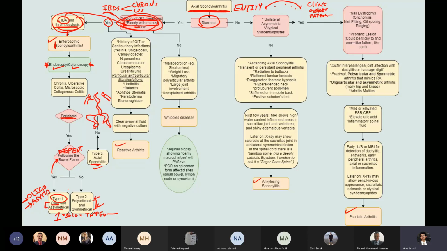The second thing we have in patients coming to you with gastrointestinal symptoms, bloody and mucus diarrhea, is to think of reactive arthritis. Now, what is reactive arthritis basically? Reactive arthritis is a disease that was previously known as Reiter syndrome. Now, this Reiter syndrome is a disease that represents an immunological cross reaction.